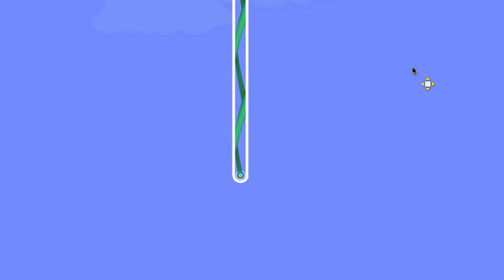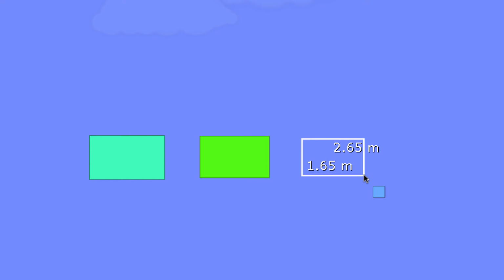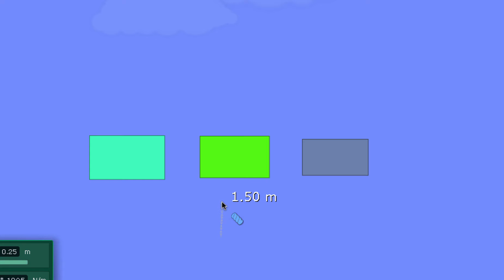Okay, the last thing that was kind of tricky was the problem about the car lengths. Here are three. I'm gonna have a ground here, and I'm gonna stick them together with some rope.